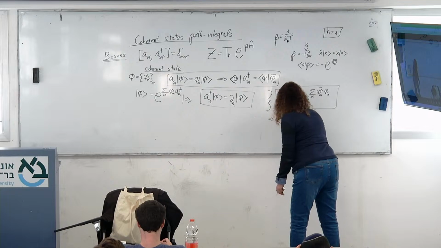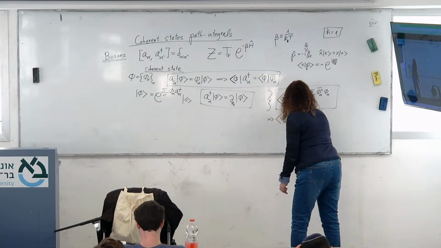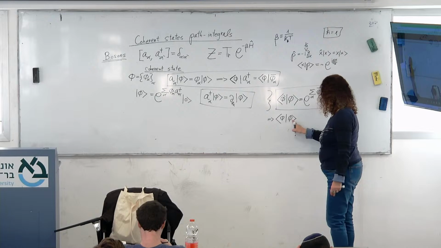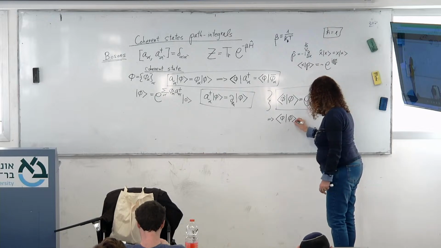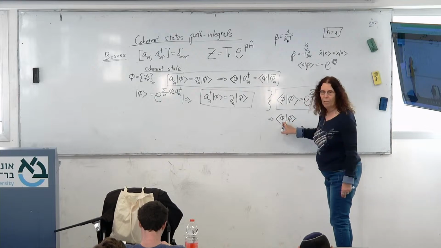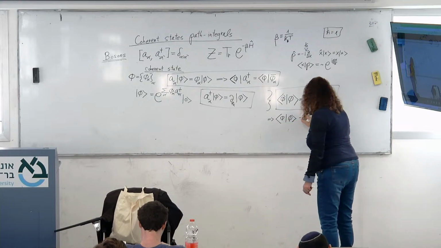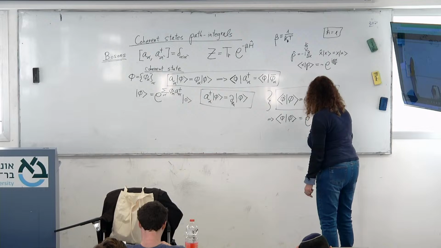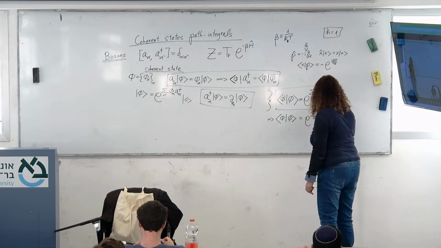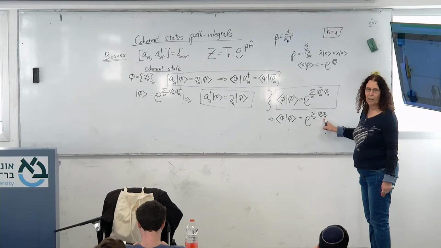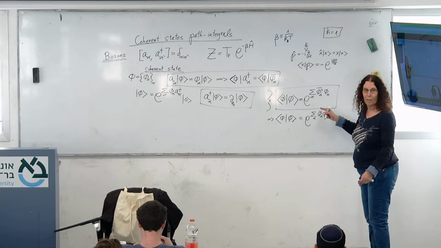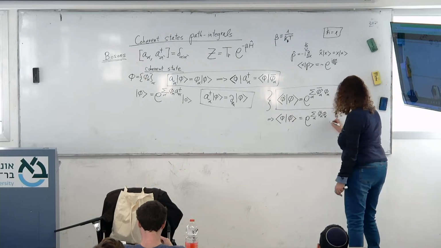So if you take phi to be equal to phi prime, it is just the inner product of phi with itself. It's going to give you e to the sum over alpha, phi alpha bar phi alpha, but phi alpha bar phi alpha is nothing but phi alpha absolute value squared.